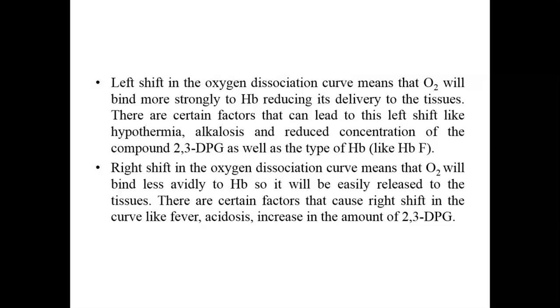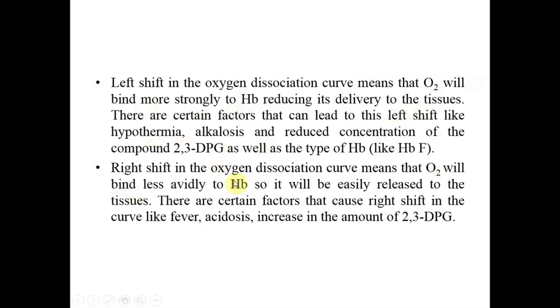So left shift in the oxygen dissociation curve means that the oxygen will bind more strongly, reducing its delivery to the tissues. وحكينا على factors that can lead to this left shift: hypothermia, alkalosis, or reduction in the concentration of 2,3-DPG. ولا ننسى انه we have certain types of hemoglobin مثل hemoglobin F هو اصلا الافينيتي مالته عاليه ويتشلب بالاكسجين, and so hemoglobin F does not easily release oxygen to the tissues.